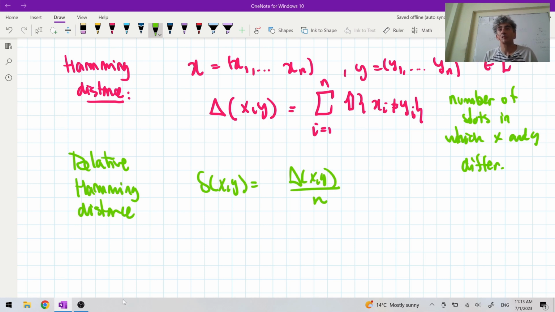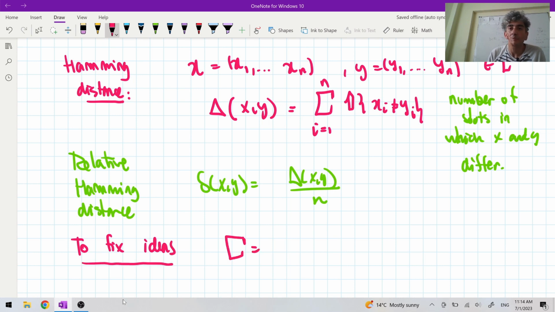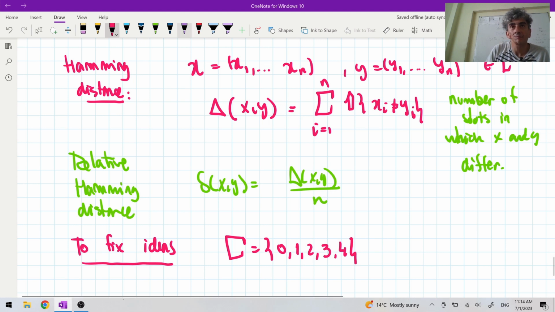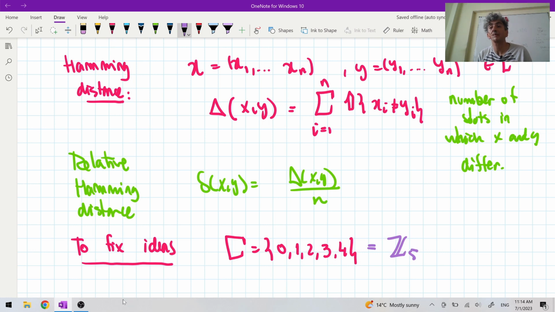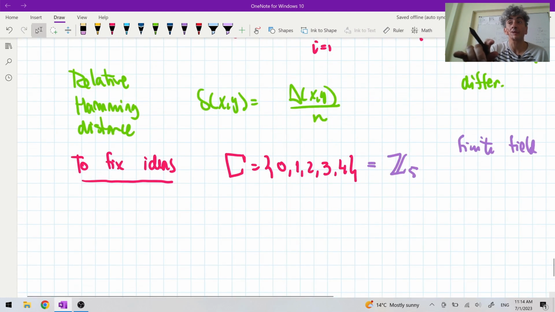So to fix ideas, let's use the alphabet 0, 1, 2, 3, and 4. This is actually isomorphic to C5. It's a finite field when we consider the arithmetic operations on it.